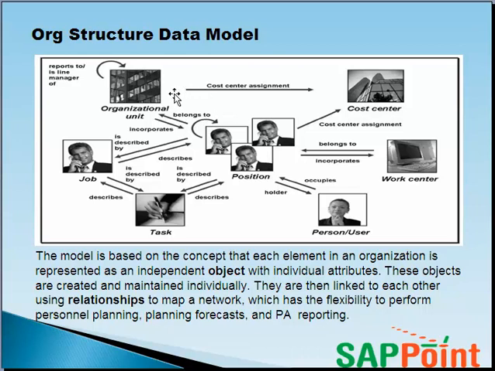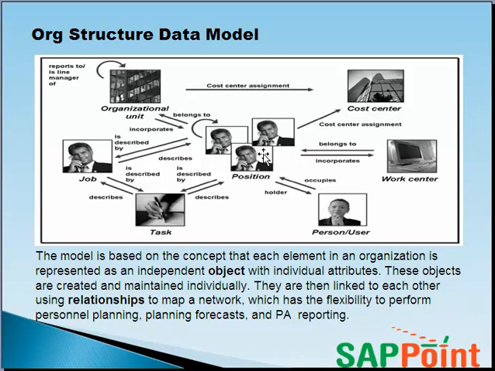So what would be the elements of organizational management? It would be a person or a job, a position, an org unit, a work center. So these are the different objects or elements of an org structure.